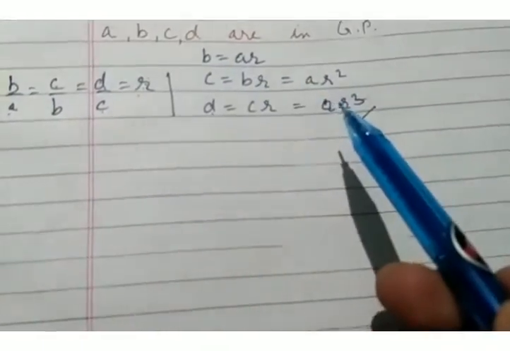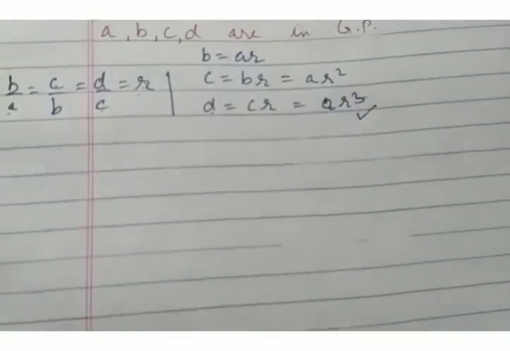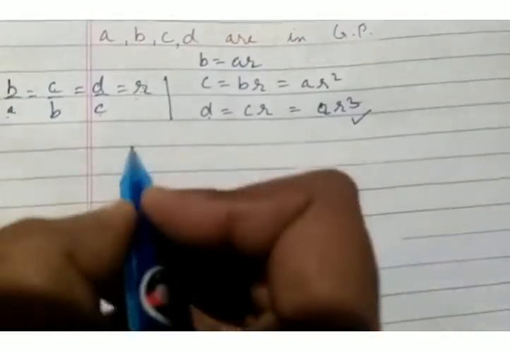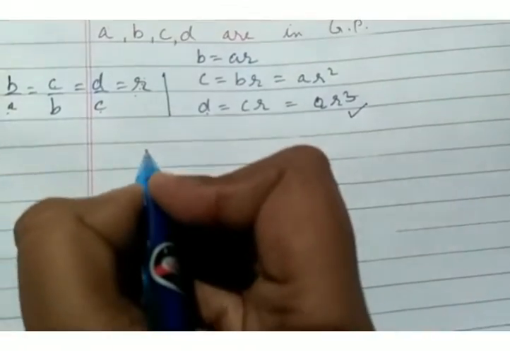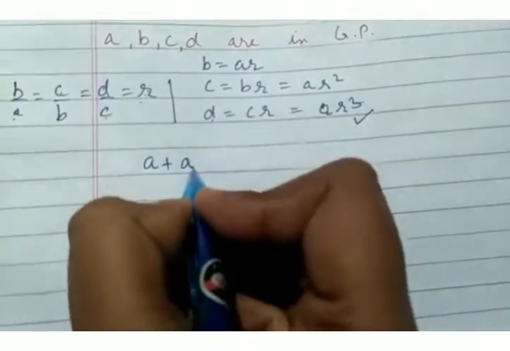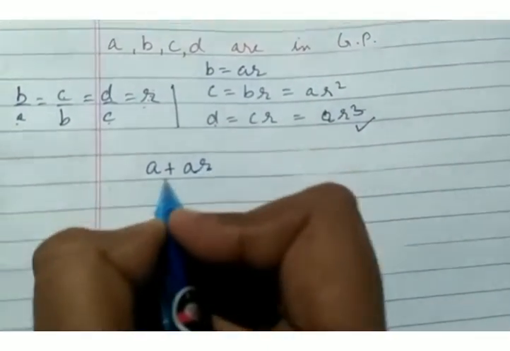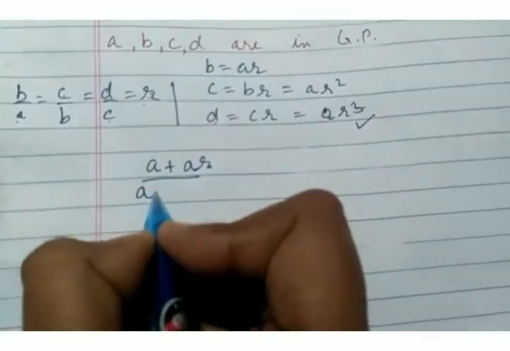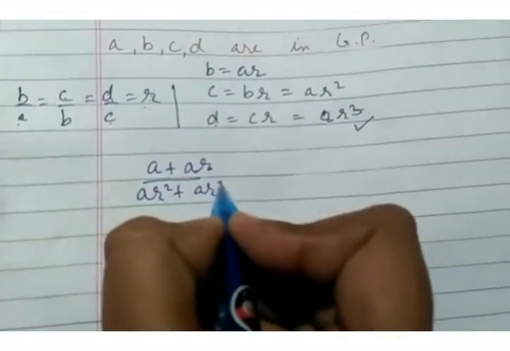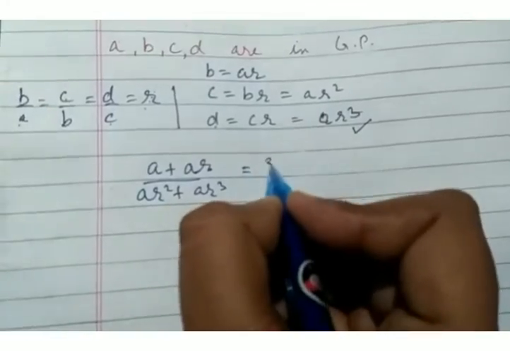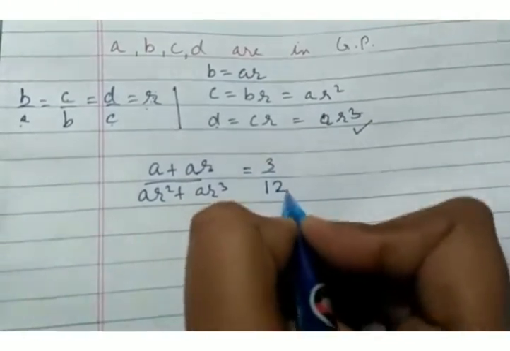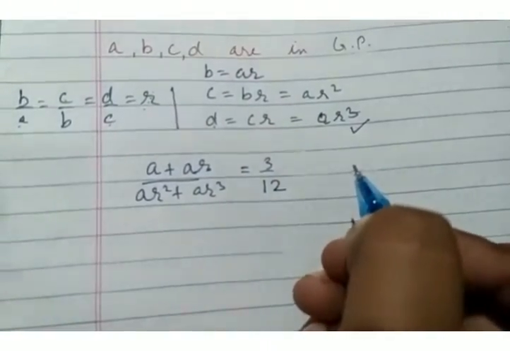Now using these values in equation first and third that we have made, and then by dividing these two equations, we have a plus ar upon ar square plus ar cube equals to 3 upon 12 as it is given in the question.